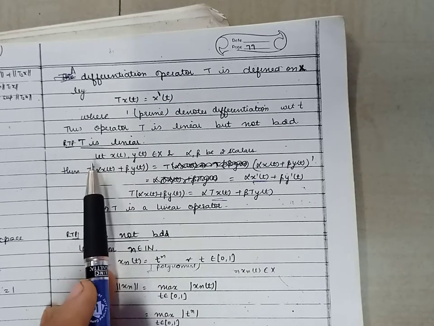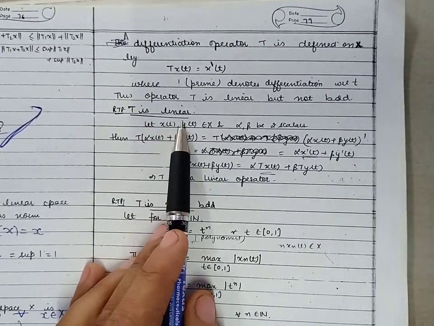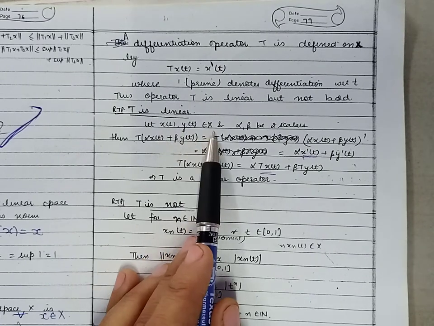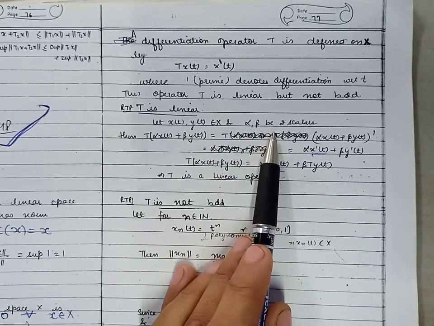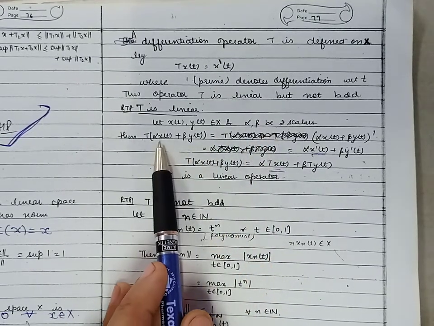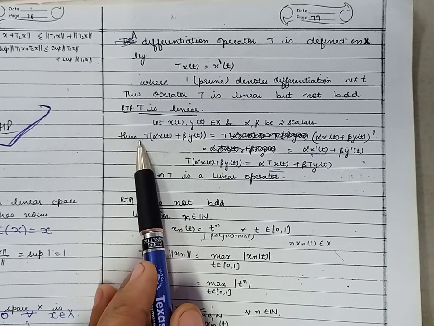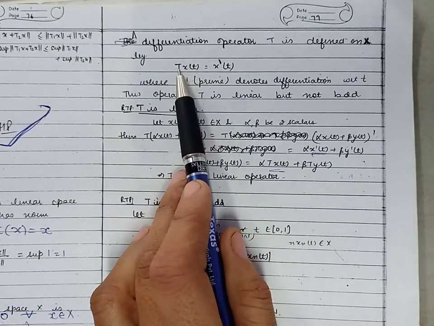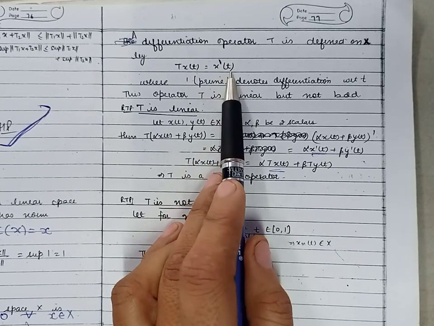First of all, let us prove that T is a linear operator. To prove this, let us take two elements x and y from the normed space X and two scalars alpha and beta. Now let us find the image of alpha x plus beta y under T. By definition, T operated on x is given by the derivative of x.